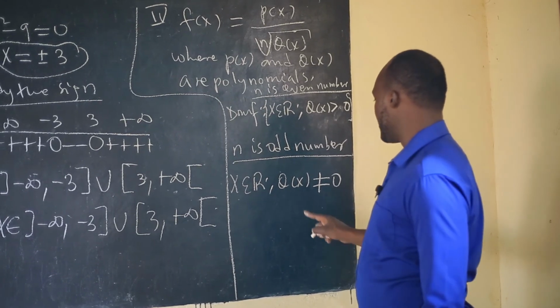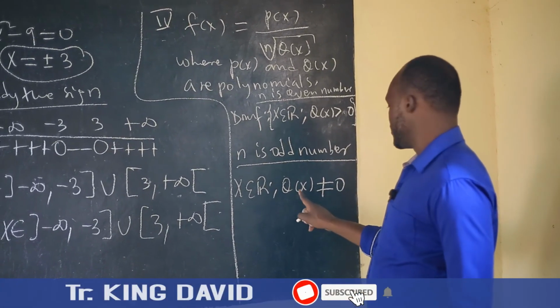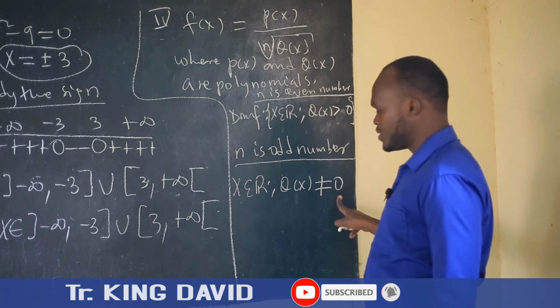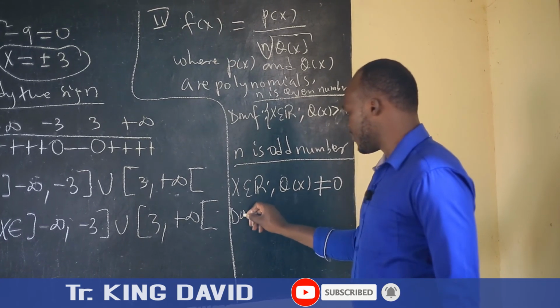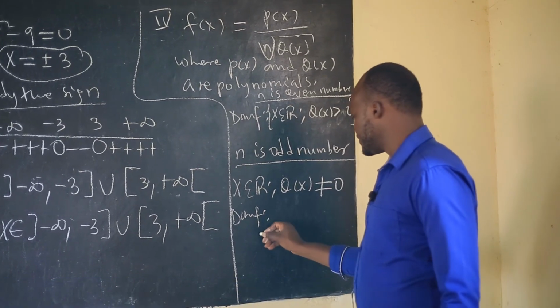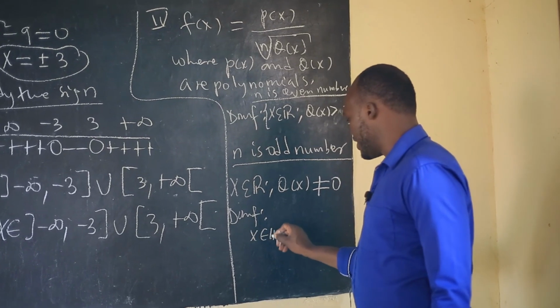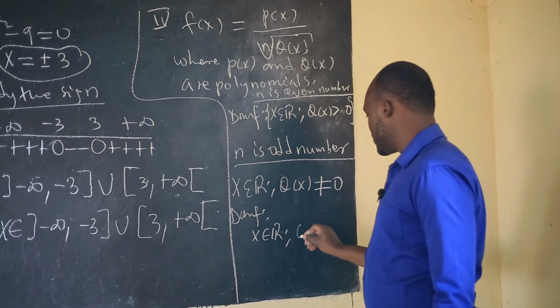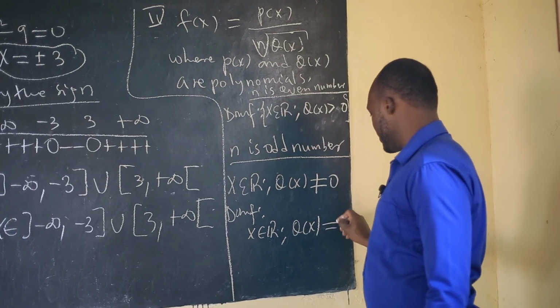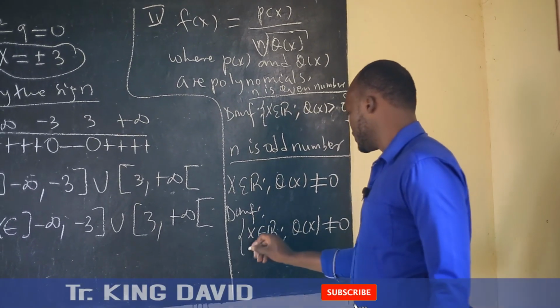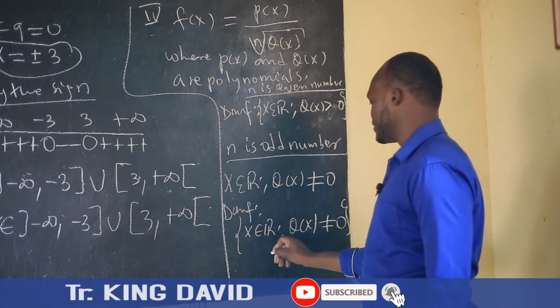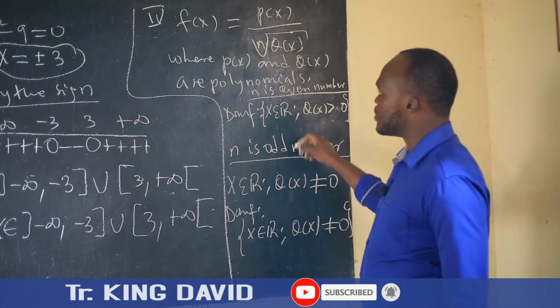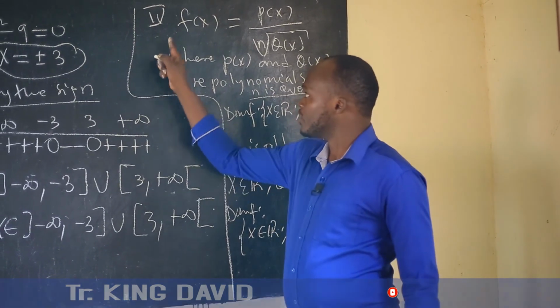Meaning that our dom f will be x, a member of real numbers, such that q of x is different from 0. That will be our condition. So we are going to see examples about equation 4.